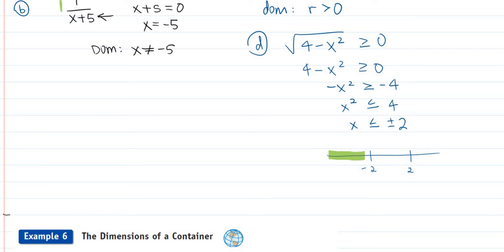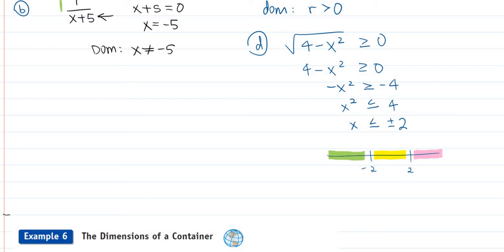You would test a value here to see what happens, a value here, and a value here. In this case, the green and the pink would give us complex numbers and imaginary numbers. So that means that our domain must be the yellow part.